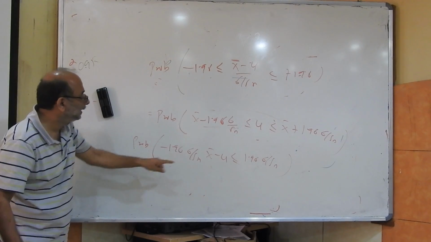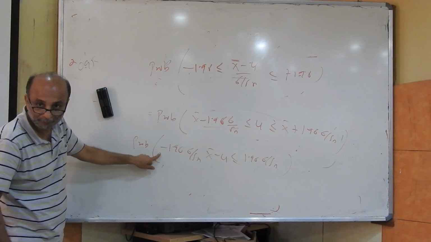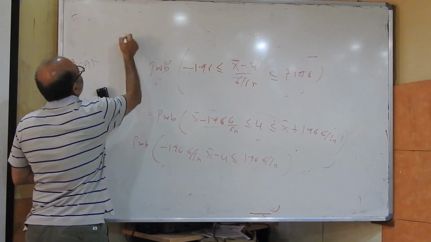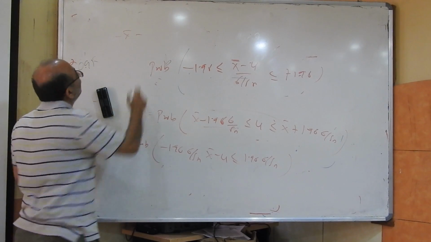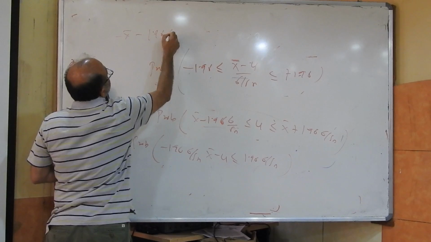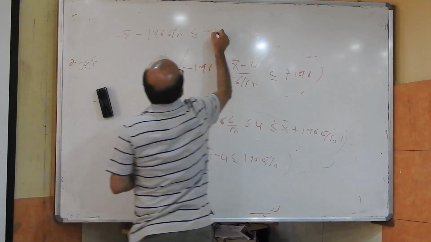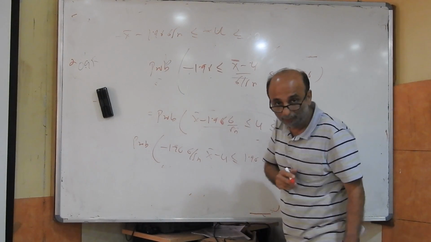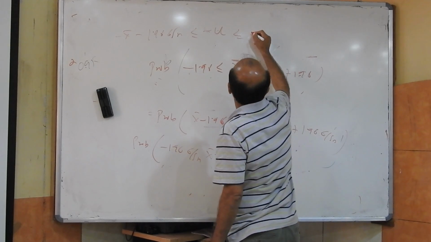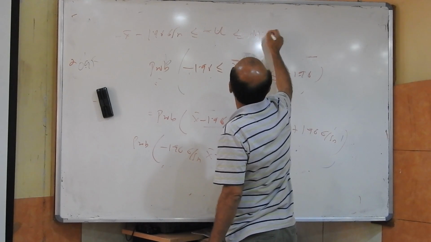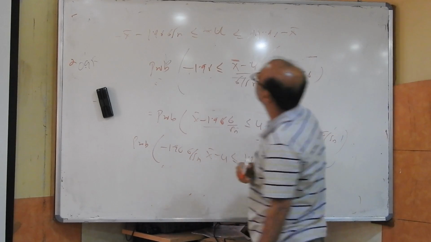Now let me subtract X bar from all sides. So what do I get? I get minus X bar minus 1.96 sigma by root n, minus mu, and minus X bar plus 1.96 sigma by root n.